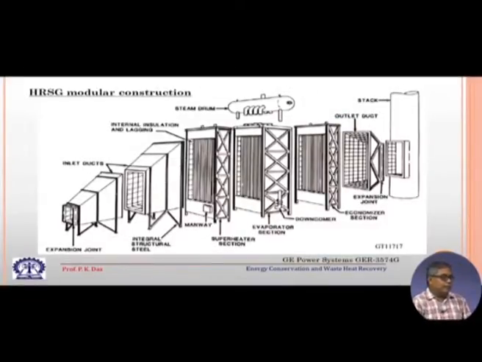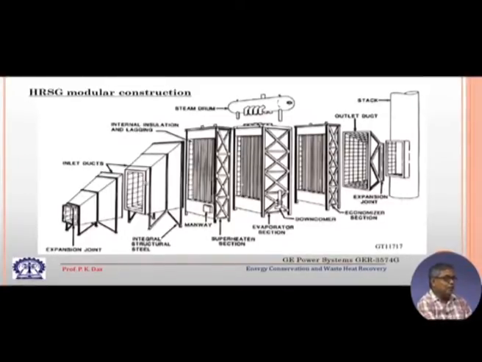Now, this kind of figure is quite common. A horizontal HRSG will have some sort of a modular design. If we pay some attention, here the hot gas from the gas turbine exit will come.